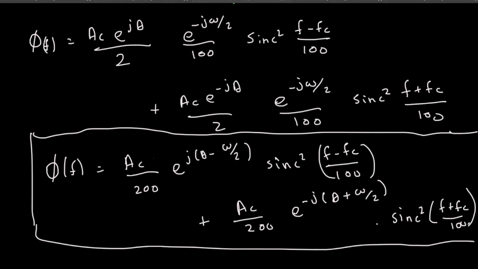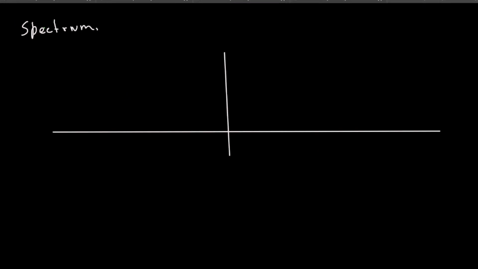Since you know that the shift is fc, and here positive plus fc, it's going to be centered at fc. So one is negative fc, and the other one is positive fc.